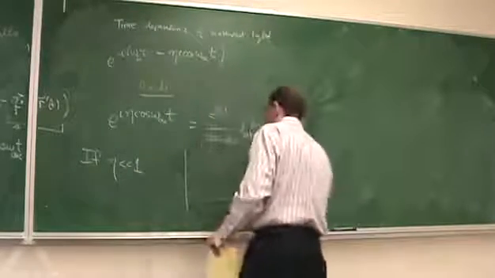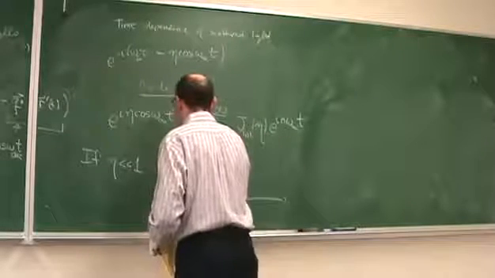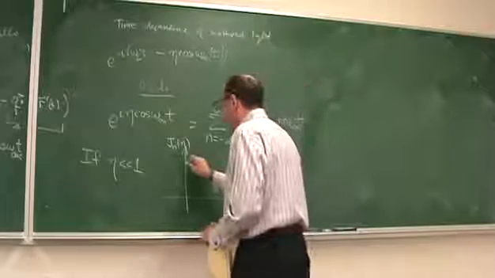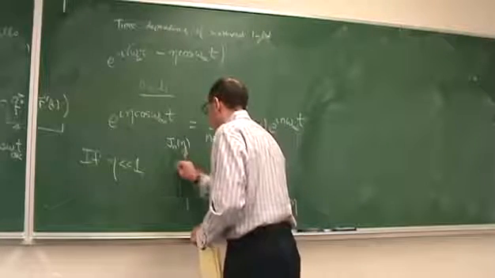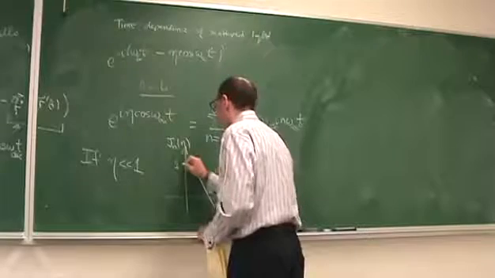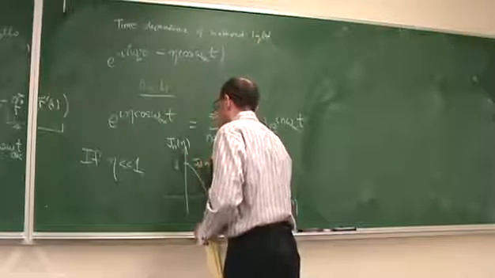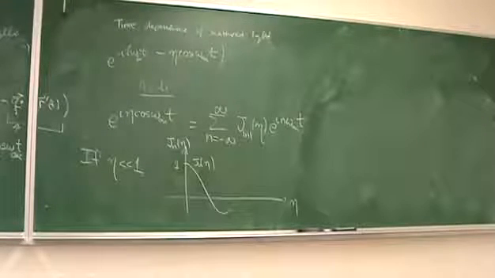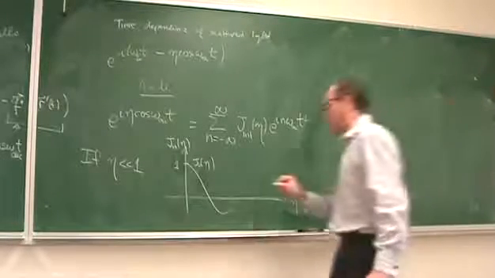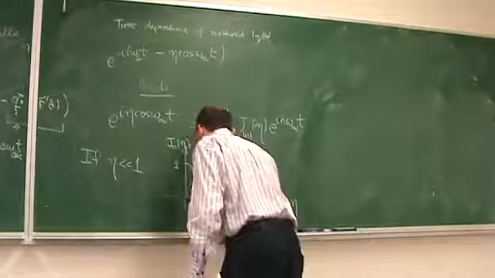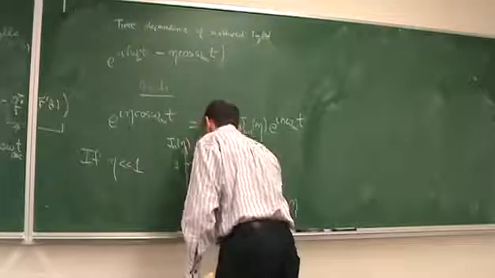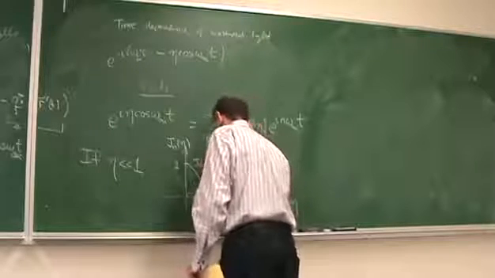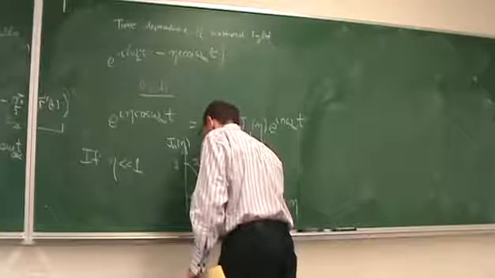Let's remind ourselves what the Bessel functions look like as a function of their argument. The Bessel J0 is 1 at the origin. All the other Bessel functions are 0 at the origin. So the first order one is linear and then it does something. The next one is quadratic and does something. This is J1 of eta. This is J2 of eta.